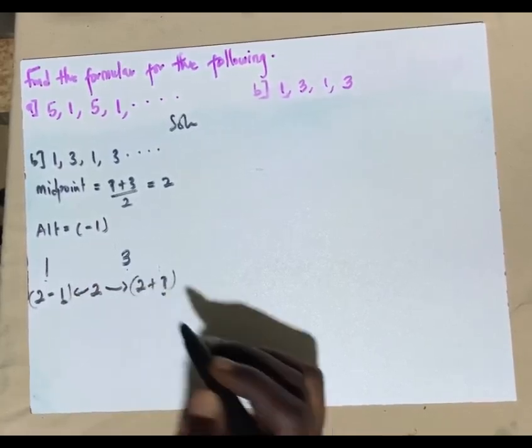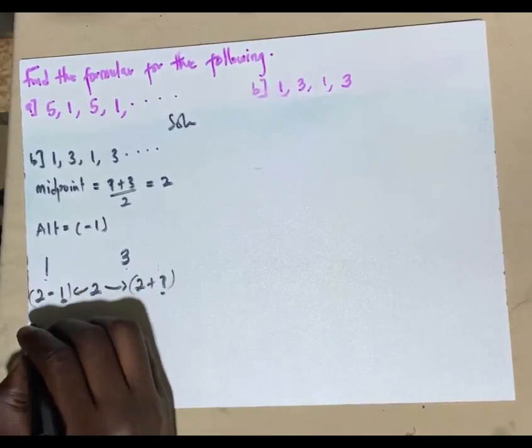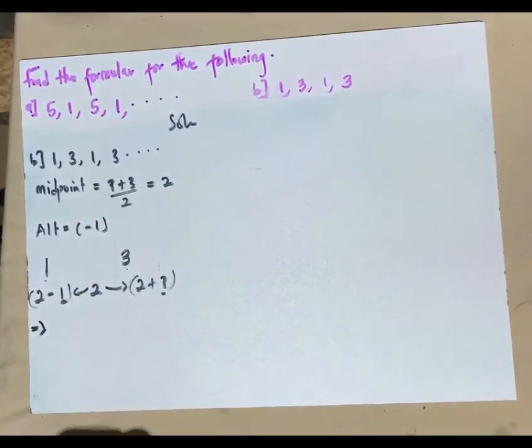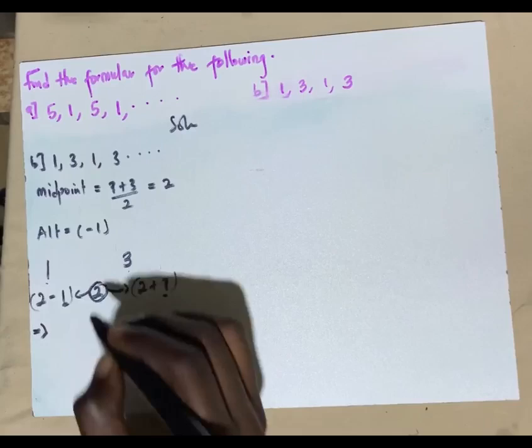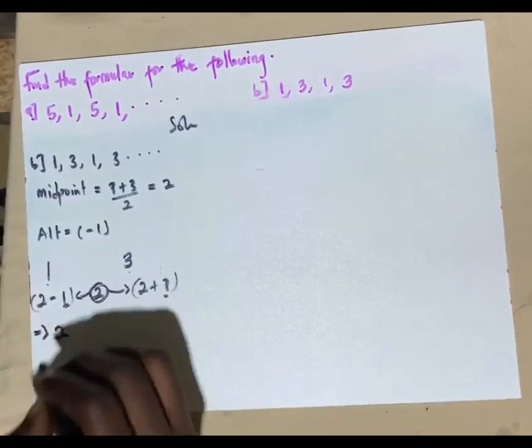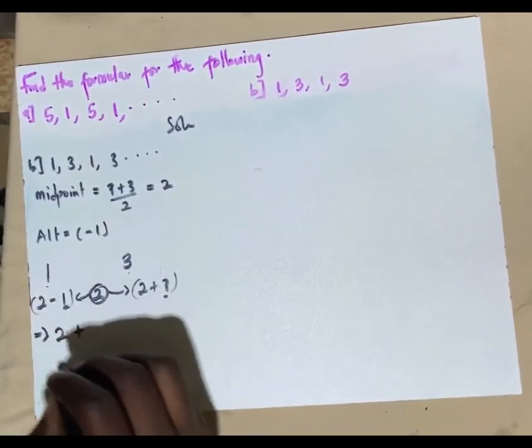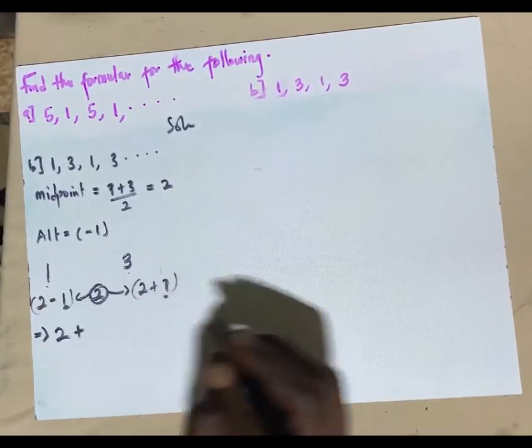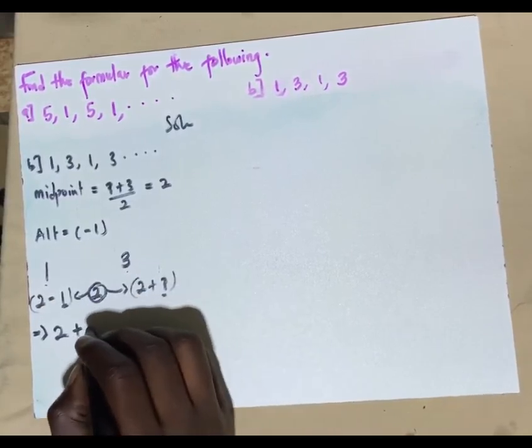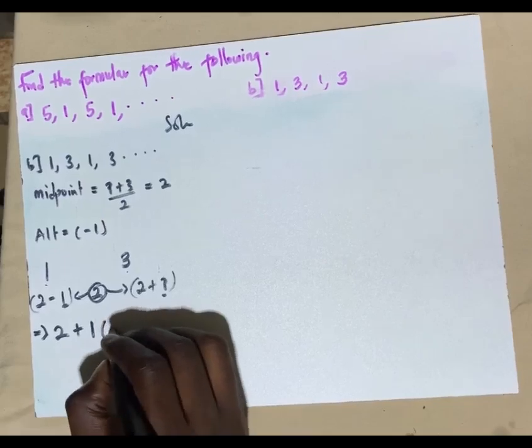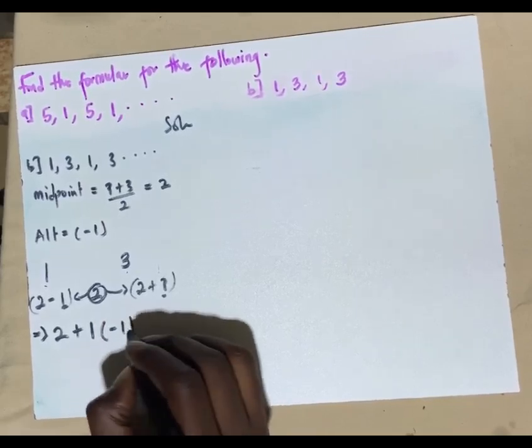Okay, so how do we now derive the formula? You first of all have to write your midpoint down. So your midpoint is going to be 2 plus your value that you are adding or subtracting, which is going to be, let me write it, 1, having our alternator.